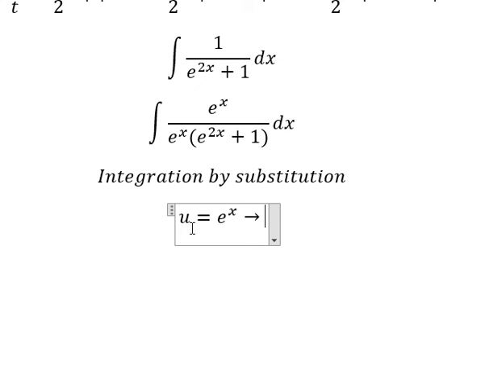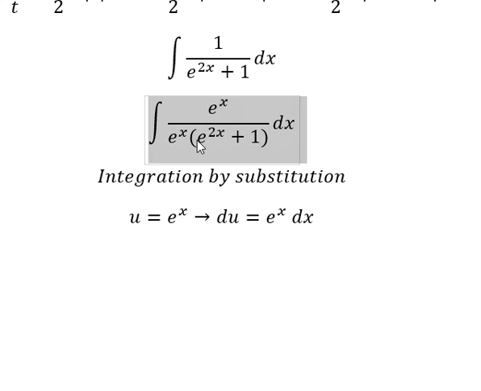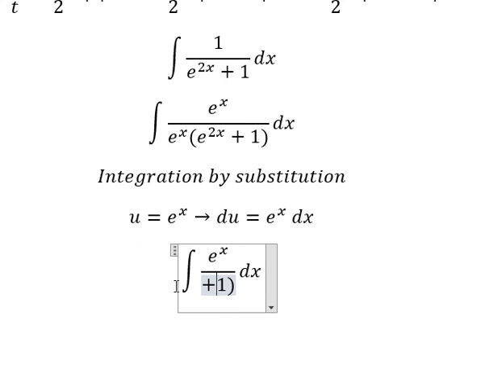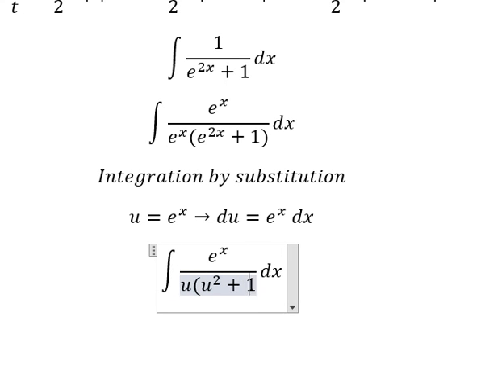So we take the first derivative of both sides. So we have du equals to e to the power of x dx. So e to the power of 2x, we will change for u, and we have u square in here. This one is u. E to the power of x dx we change for du.